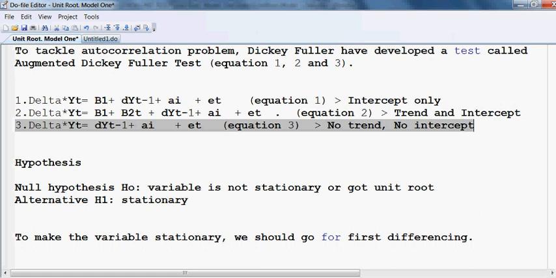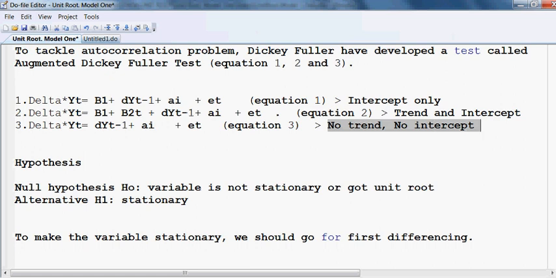Okay, so what I shall do now is first check with the intercept only, then gradually check the next one, and then check no trend and no intercept.